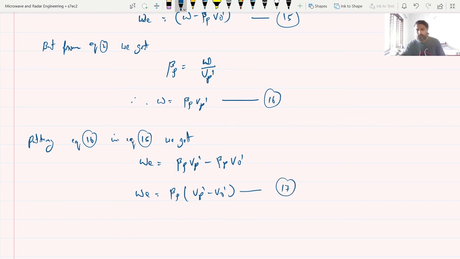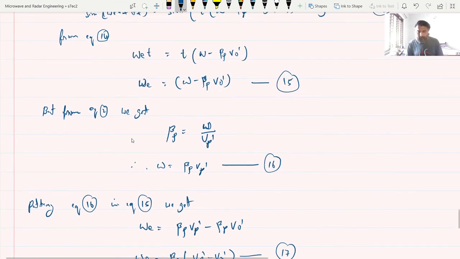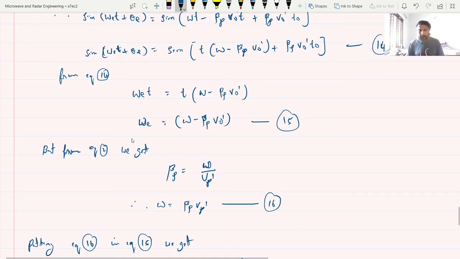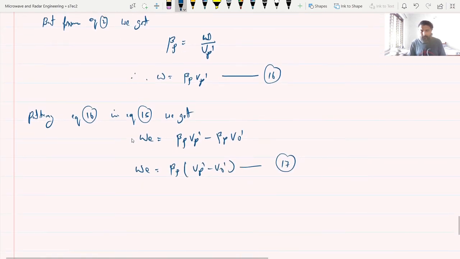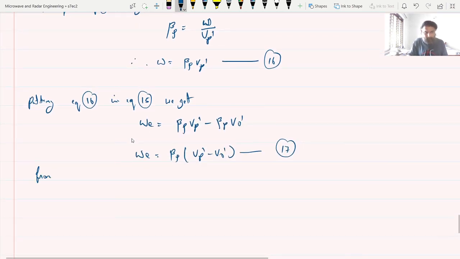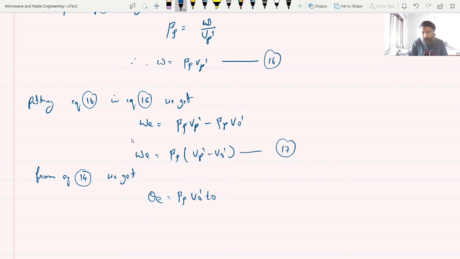Now from equation 14, comparing the other terms, we get theta_e is nothing but beta_p V naught dash into t naught.